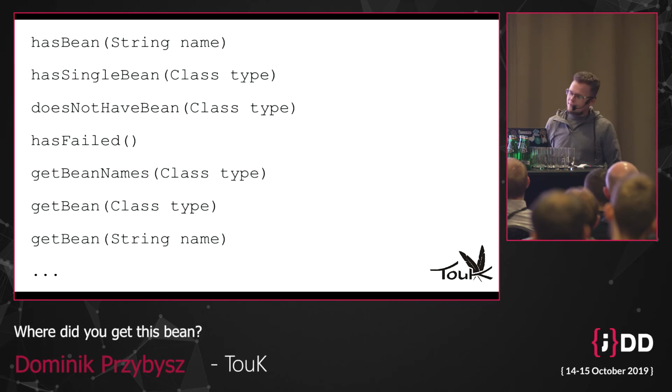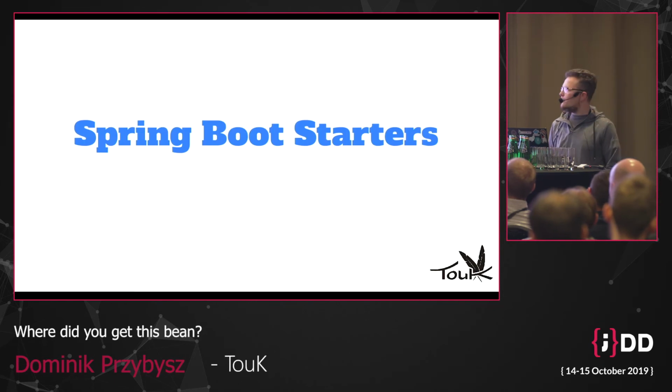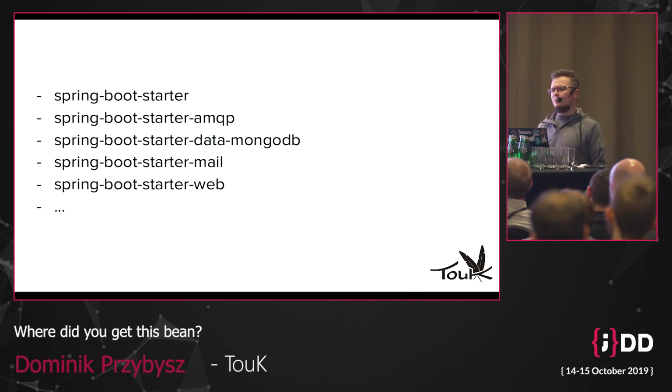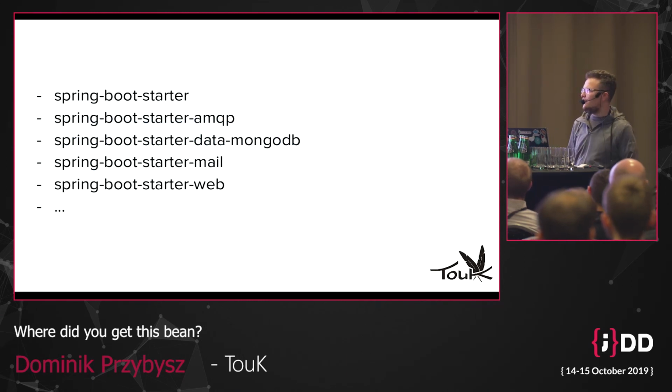When we have tested it, okay, we have created our library, and for our convenience, we could create a Spring Boot starter. You probably know what a Spring Boot starter is. When you create an application on start.spring.io, you will receive in your Gradle or POM file all these Spring Boot starter dependencies.